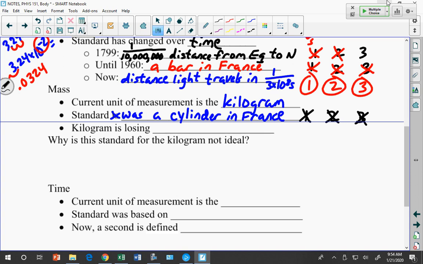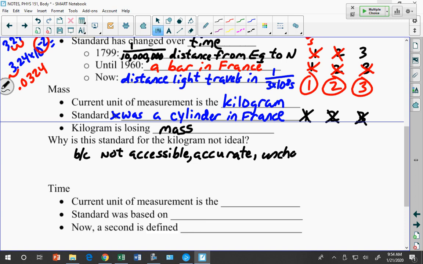It was not accessible, and it turned out that the kilogram was losing mass. So it was not unchanging. So this standard for the kilogram is not ideal because it's not accessible, not accurate, and not unchanging. It changed with time.